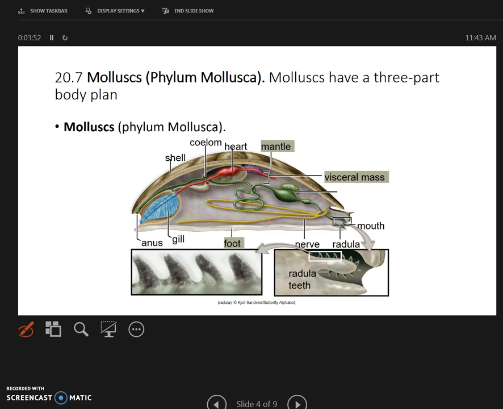I need not tell you that. The visceral mass means the regular body mass, the soft portion that contains internal organs. And then we have the mantle, a covering that envelops the visceral mass, and this also secretes the exoskeleton or the shell.